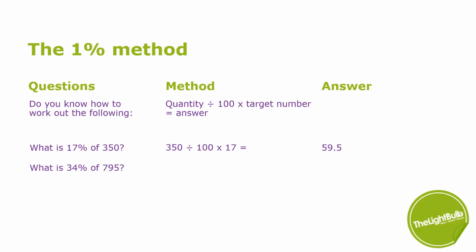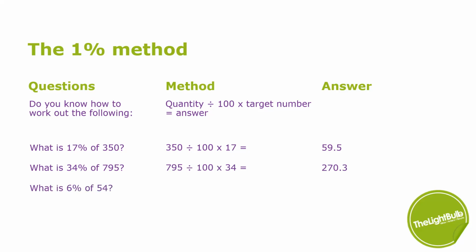Okay, how did you get on? If we use that same method, we'll be looking for the quantity, which in this case is 795. We divide that by 100, and we're going to times it by 34. That's the percentage that we're looking at. Here's our answer, 270.3.